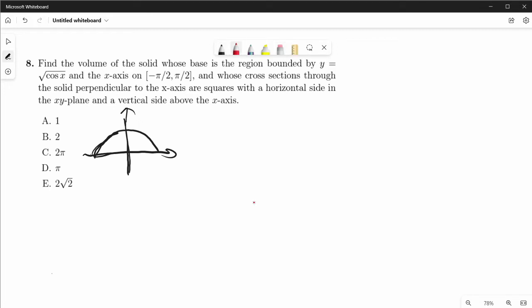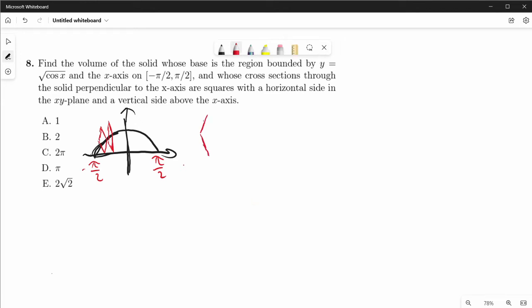But nonetheless, so we have negative pi over 2 to pi over 2, and whose cross-section through the solid is perpendicular, so we can imagine they're like these little squares that come up, right? And the length matches the y value here, right? So throughout there's all these squares. So these squares, we can say that they're basically slabs in a sense, right?